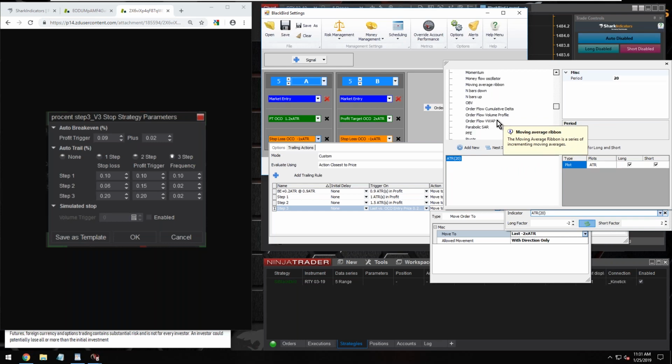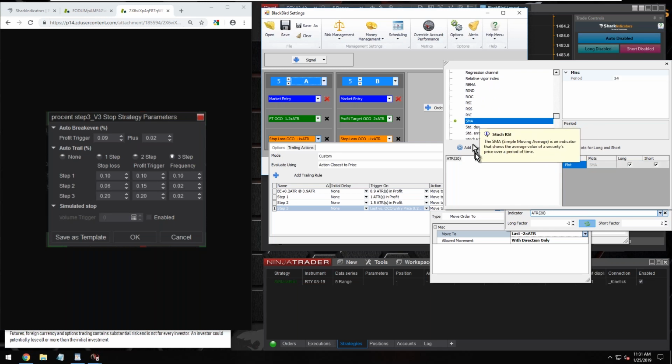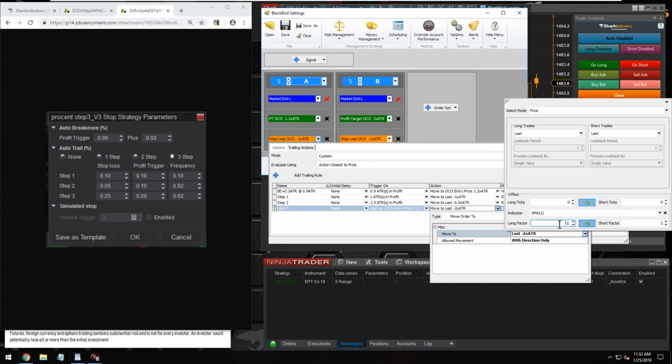Sometimes you just gotta slowly talk it all out, and you can arrive at a solution if you take the long road sometimes. So there you go, an SMA with a period of 1, and our offset here is 0.2.